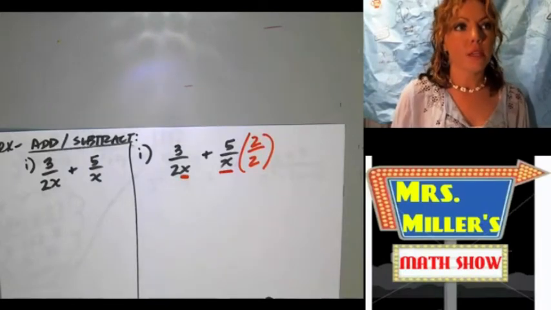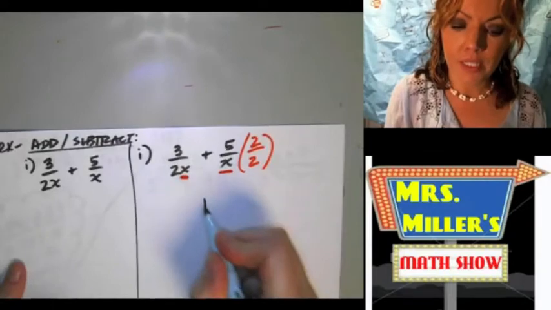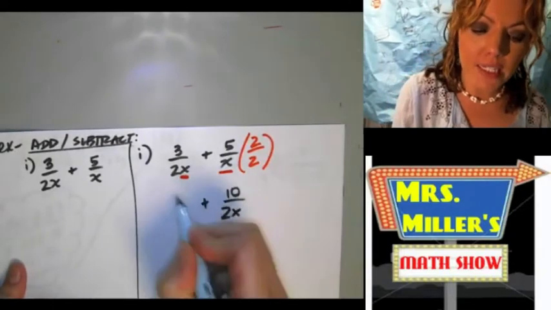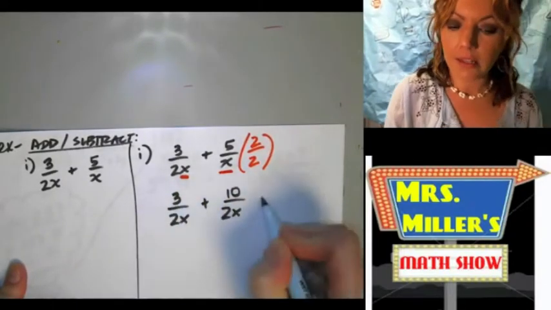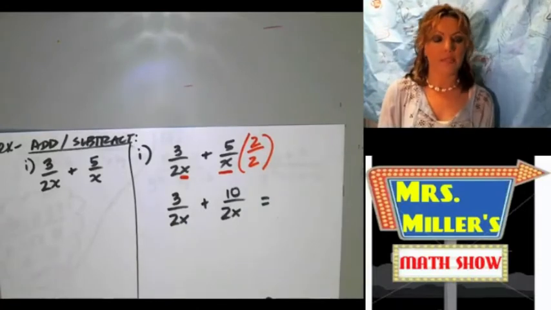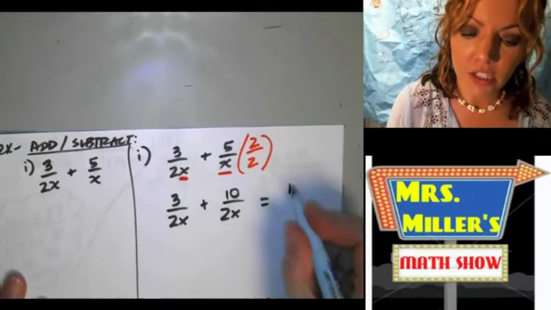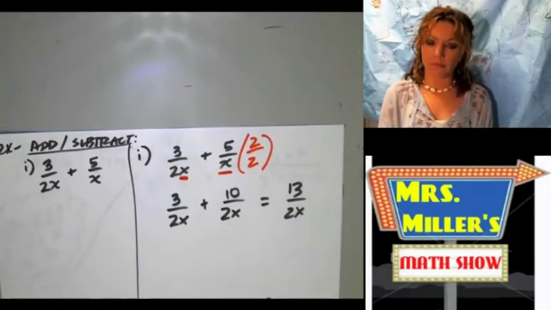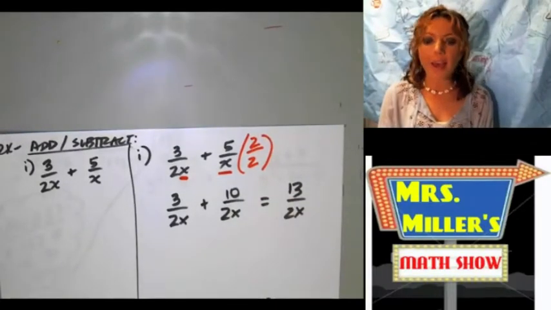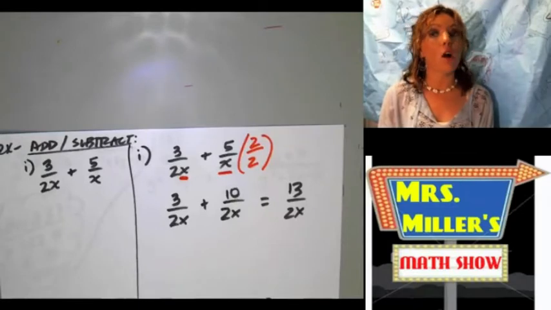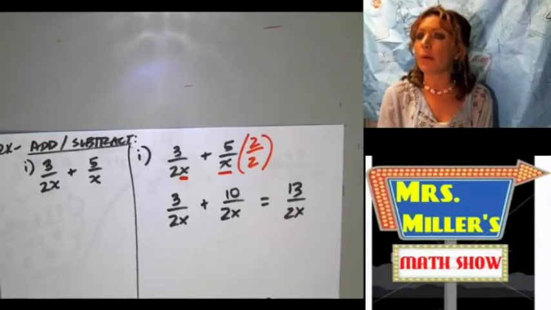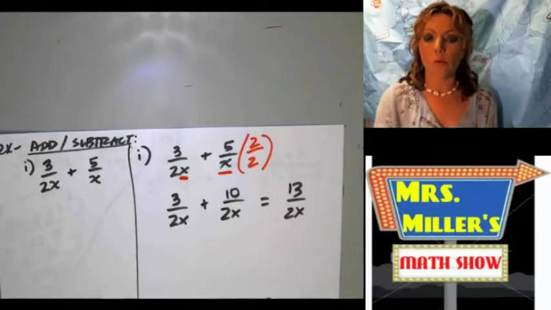Liz. 10 over 2x. Everybody give it up for Liz. Next. Aiden? You add it and you will get 13 over 2x. Everybody give it up for Aiden. Okay. Can we reduce this at all? We always want to make sure we reduce if we can. Can we reduce this? No. So we leave it.